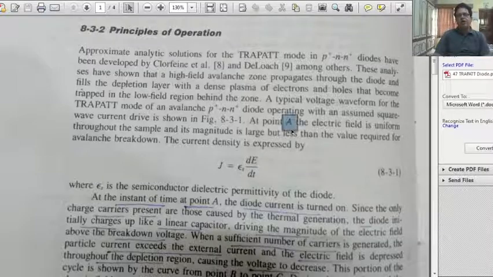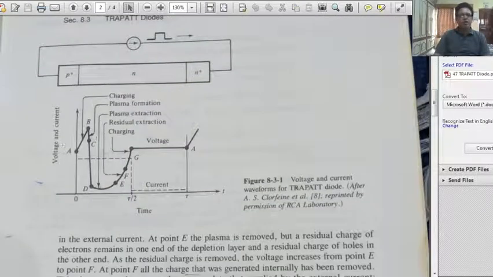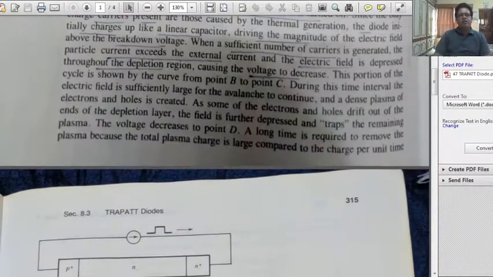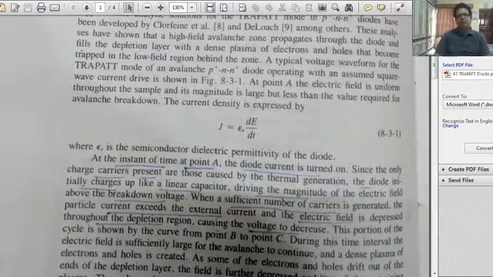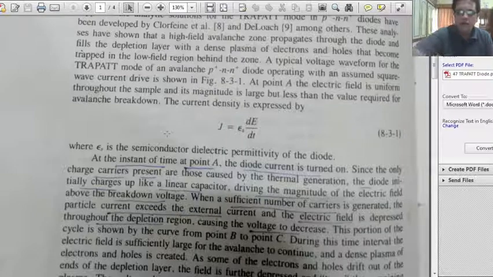at point A. At point A, the electric field is uniform throughout the sample and its magnitude is large, but less than the value required for avalanche breakdown.